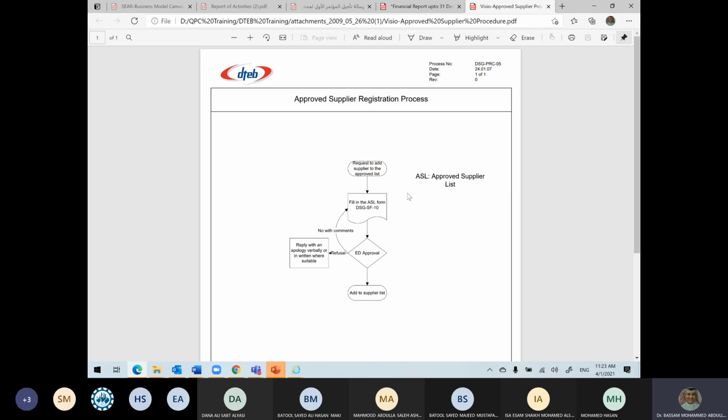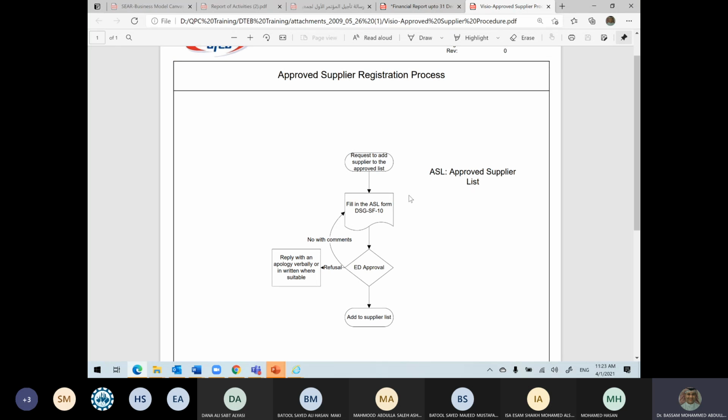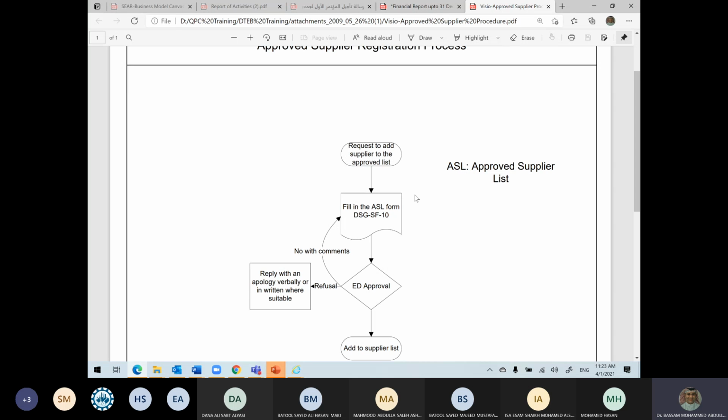And just to get an idea also of something else, this is the approved supplier registration process. So there's another process to have the approved supplier list, where it says request to add supplier to approved supplier list. Yani, I'm in the market and I found out that there's a new supplier.